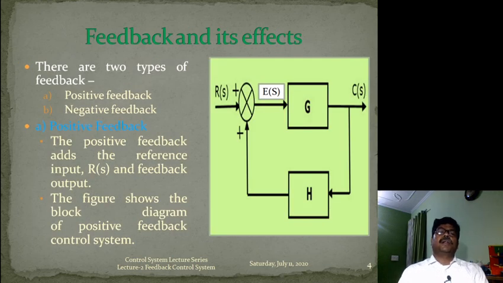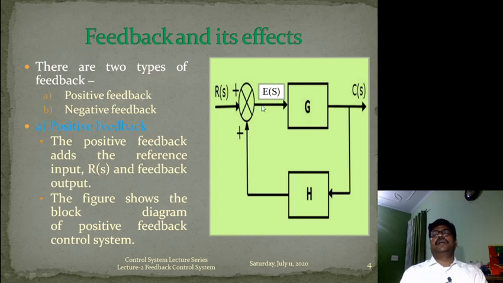Feedback systems are classified in two ways. First one is positive feedback, second one is negative feedback. In this block diagram, you can see that the output is tapped with the feedback path gain H, and the signal is passed with a positive sign. Here the error will be the sum of the input signal plus the feedback signal.